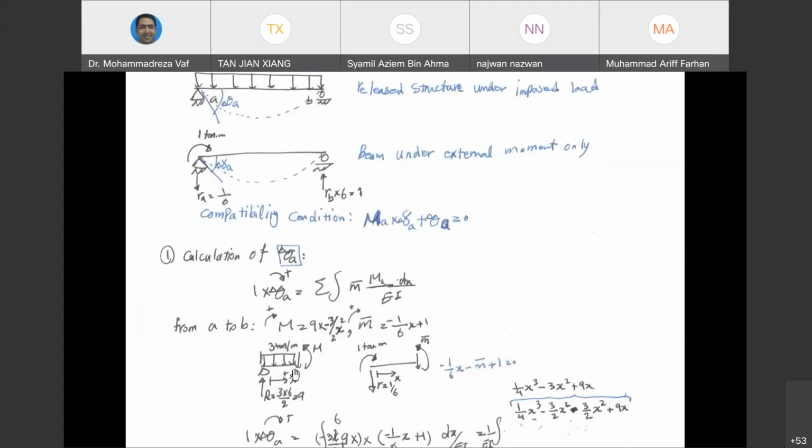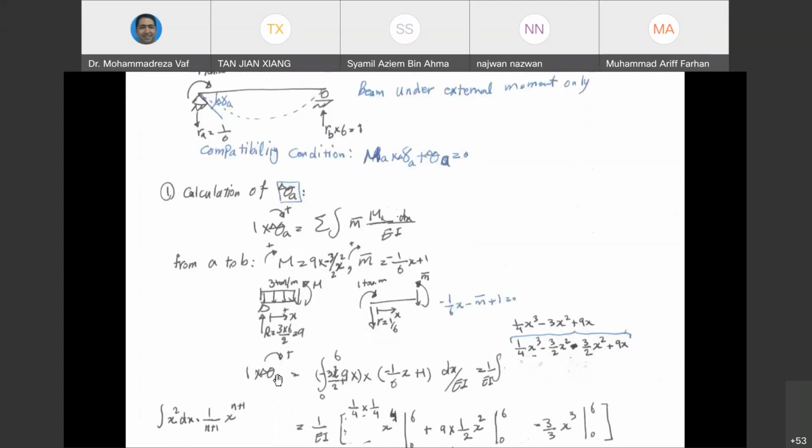So these are the structures. You can see in the first structure, we have only the external force. In the second structure, we have that unit load, unit rotation, basically bending moment. From here, we get M. From here, we get M bar. And we put it back inside our equation, and from there, we can get theta A.